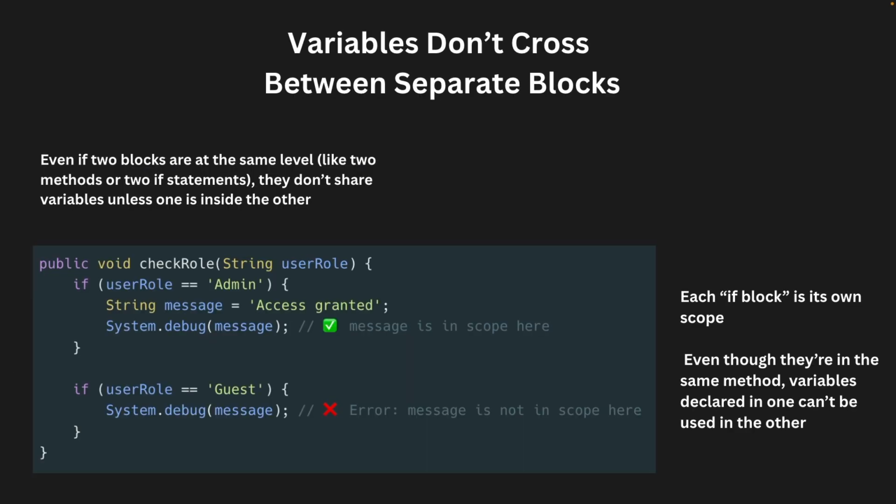Now, it's important to differentiate this from separate blocks. Variables don't cross between separate blocks. What that means is, even if two blocks are at the same level, like if you had two methods or two if statements, for example, they don't share variables unless one is inside of the other. So each if block in this code example has its own scope. Even though they're in the same method, the variables declared inside one can't be used inside of another.